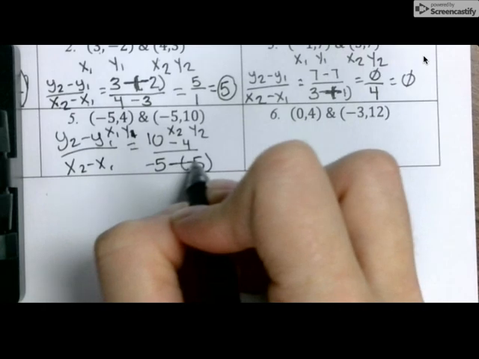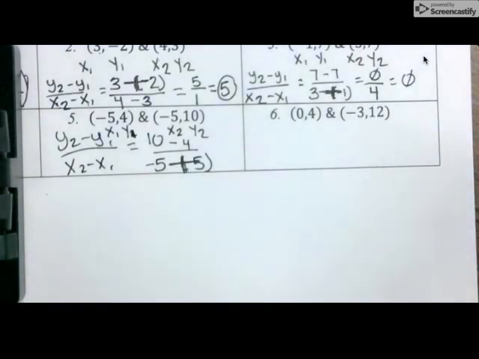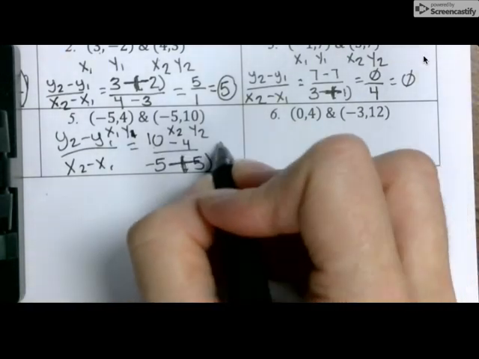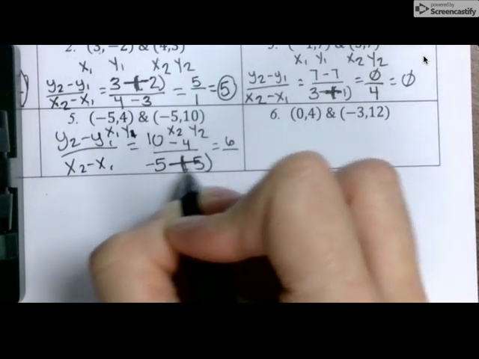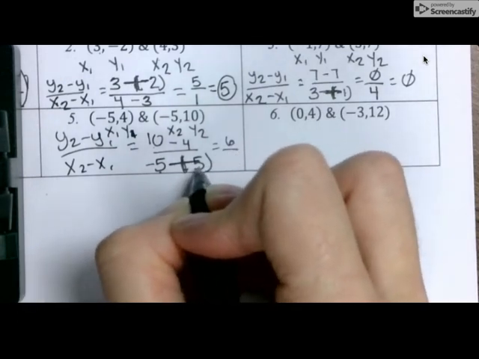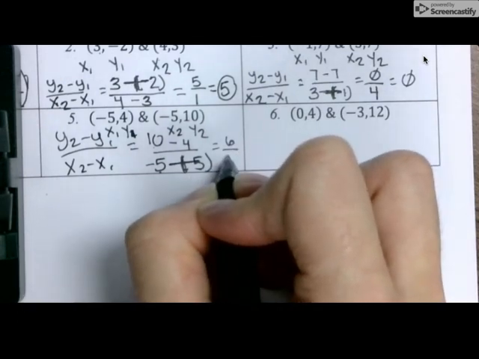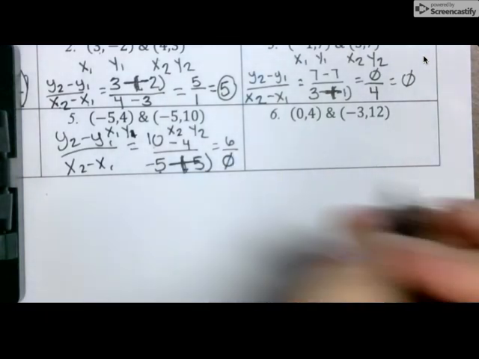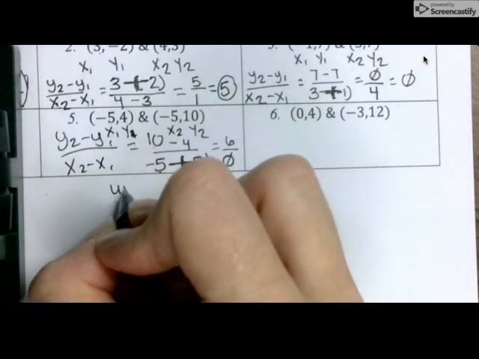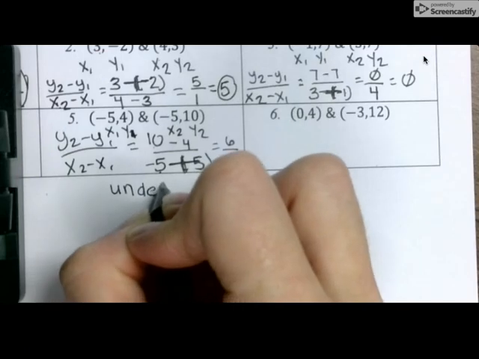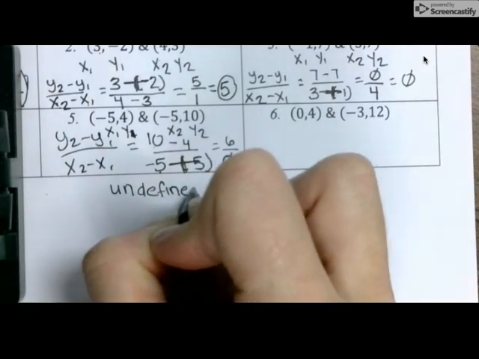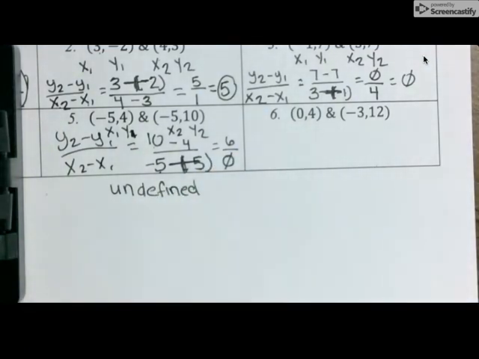I have two negatives next to each other, making it a plus. 10 minus 4 is 6. Negative 5 plus 5 is 0. I cannot divide by 0, so this is going to be undefined. That's going to be a vertical line, which is undefined. So try the next few.